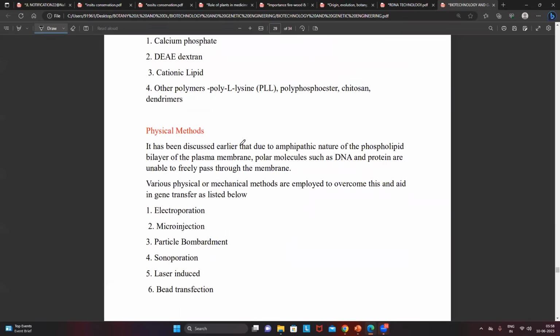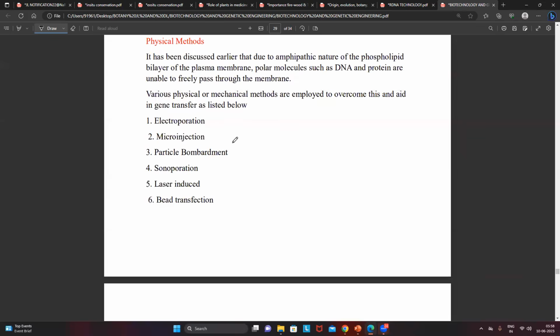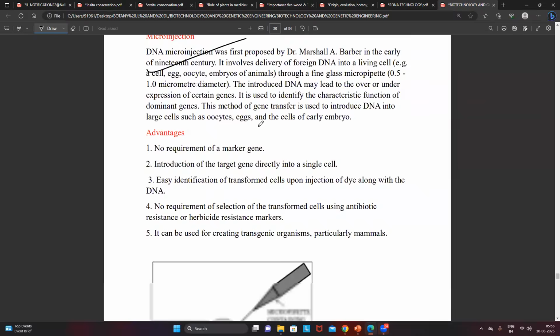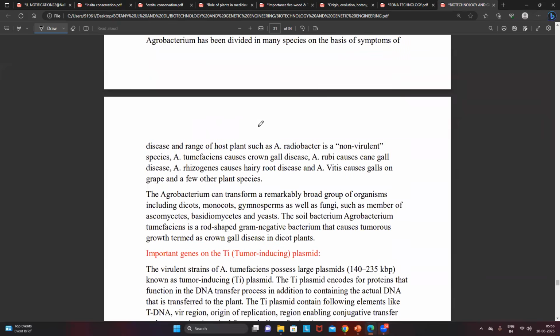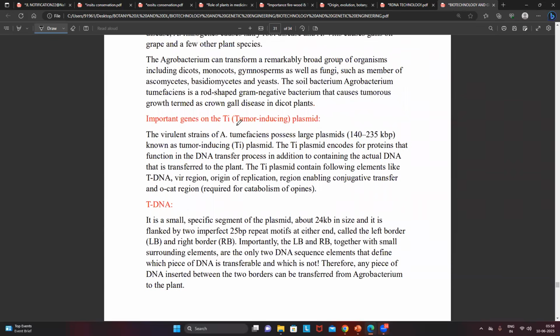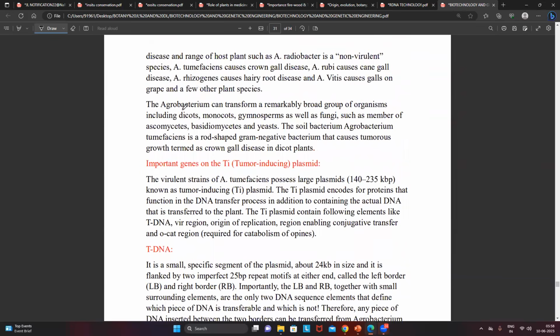In 99% of the cases you have to focus on microinjection and electroporation. Apart from this, undoubtedly you will get questions on Agrobacterium tumefaciens. You can expect one to two questions from Agrobacterium alone. That much important is Agrobacterium tumefaciens.